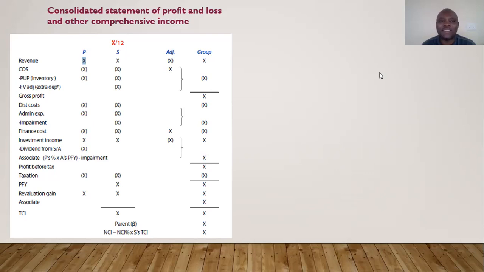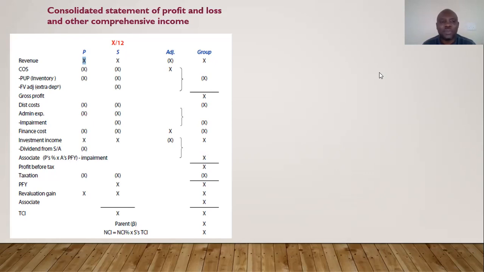But remember that in your gross profit, you had overstated your gross profit by your closing inventory, by your provision for unrealized profit. So that has to be adjusted. If there's any adjustment on the depreciation, that also you have to adjust. Those are the only adjustments that you make on top.